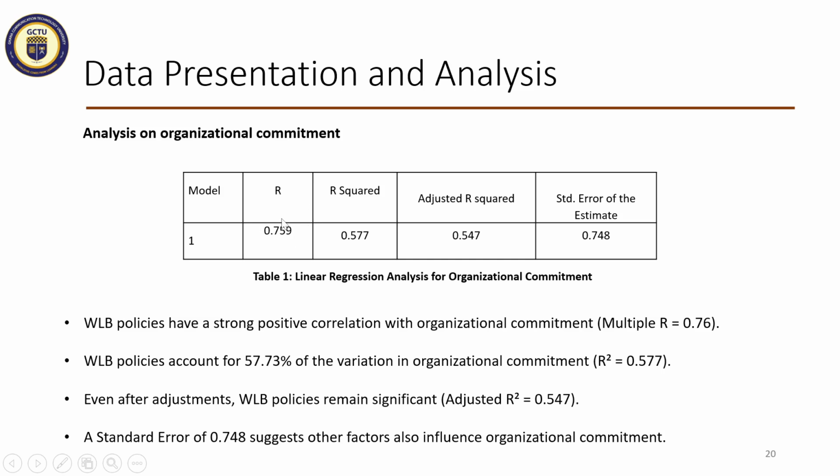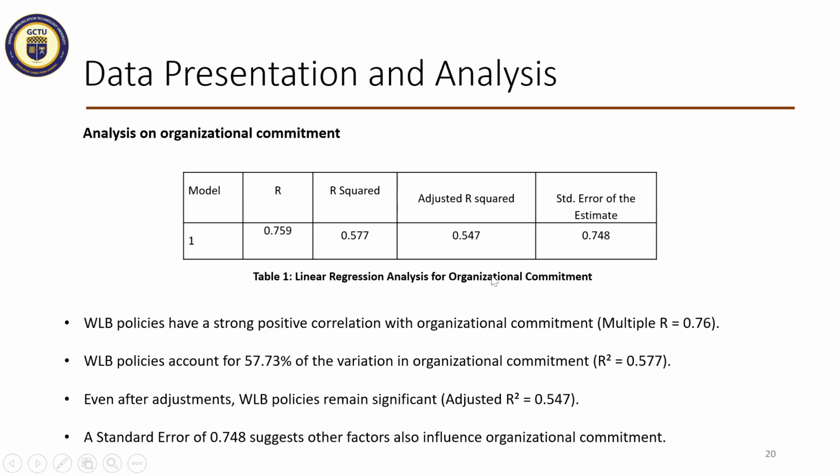With our R value, the closer we are to one, that means there's a linear correlation. But then this is a 0.76, which is very close to 1. So the closer we are to 1, that means there's a positive correlation. If it was negative, then that will probably be in the opposite direction. But this one, they are all moving in the same direction.